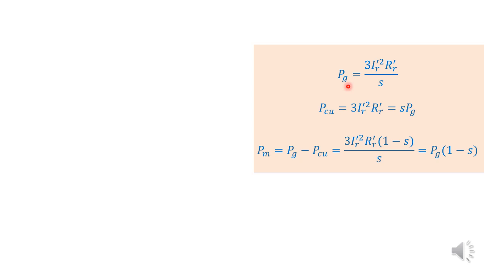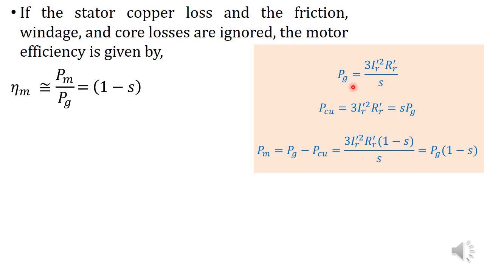So in fact, stator input power is not equal to Pg, but for the time being, for our convenience, we are neglecting the stator losses. So the stator copper loss, friction, windage and core losses are ignored. The motor efficiency is given by PM by Pg, that is the power developed in the motor divided by air gap power. Approximate efficiency is obtained like this.